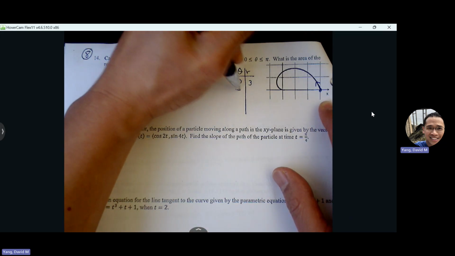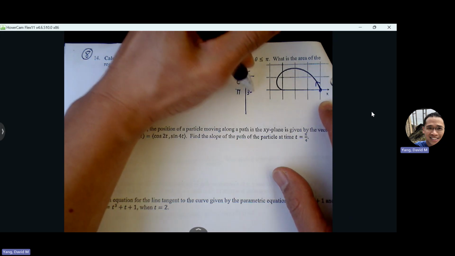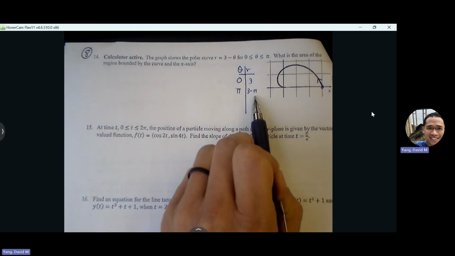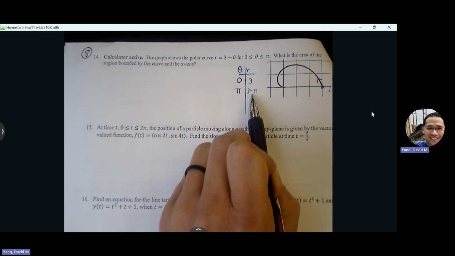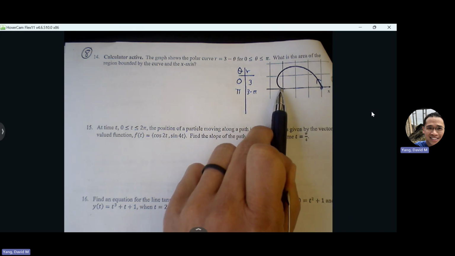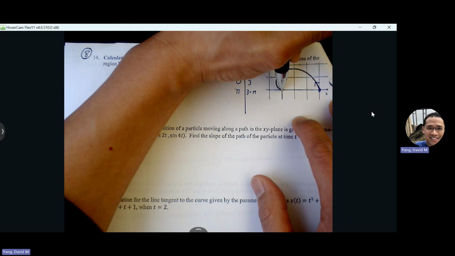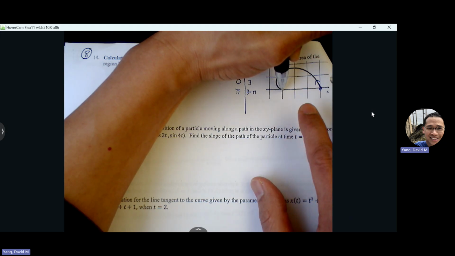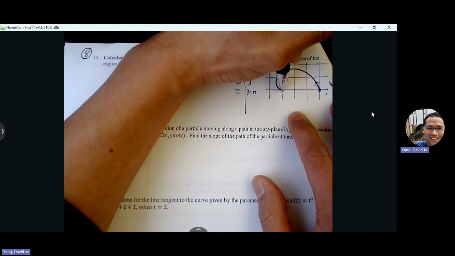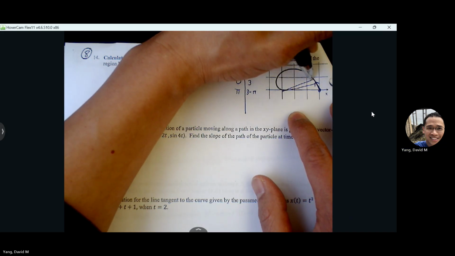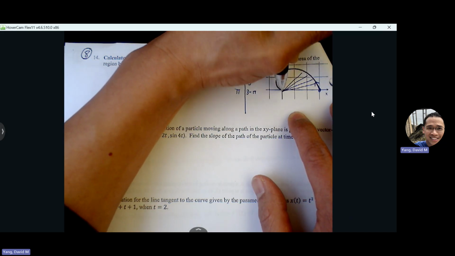If we plug in pi, we'll get 3 minus pi, which is almost 0, so that's why it looks like it's a little bit off. But essentially, anytime we're involving area, we're always extending our regions from the pole and extending out to the curve.